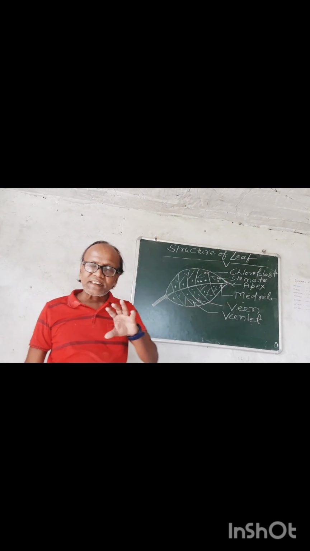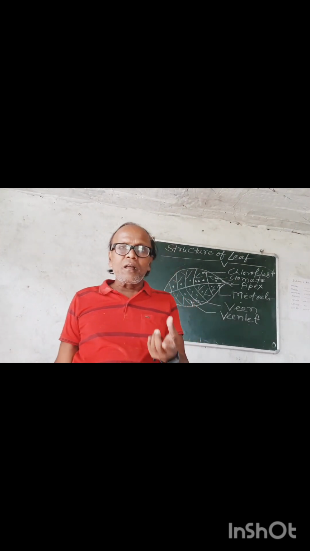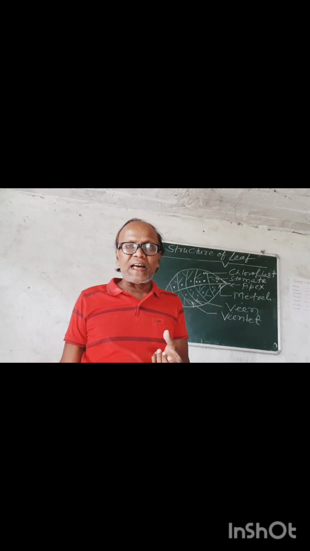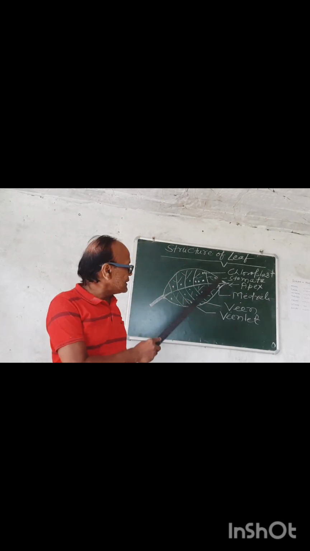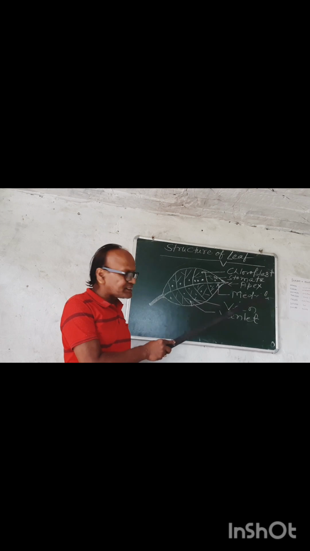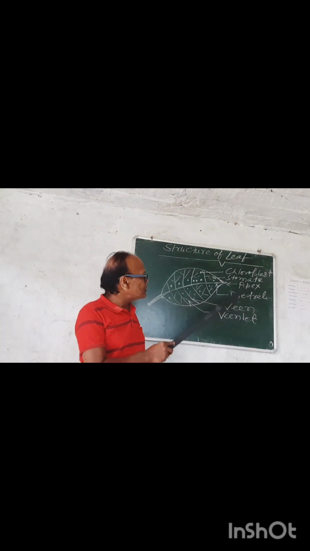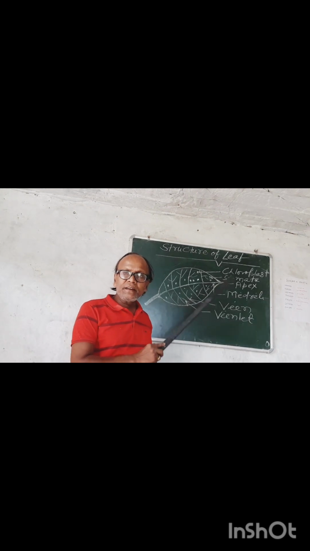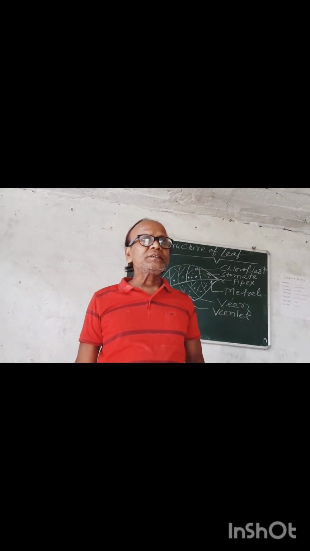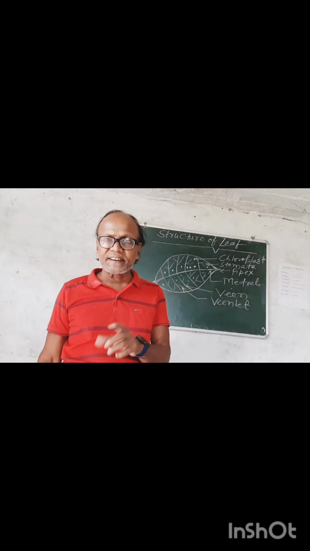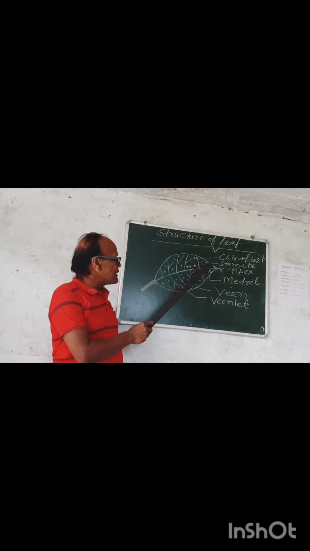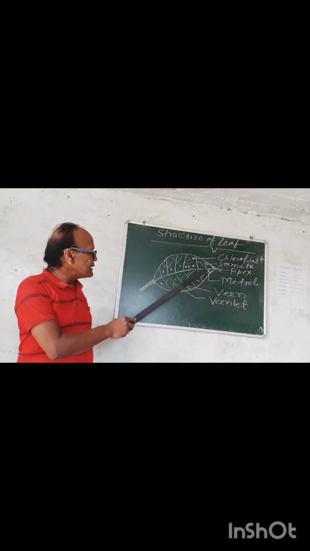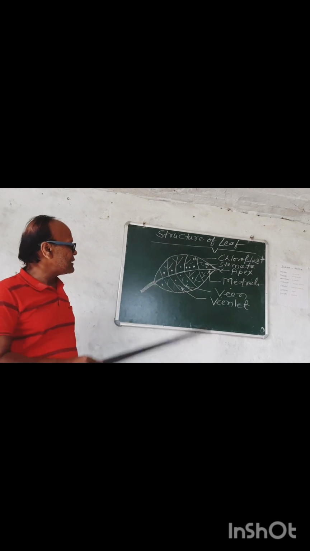When photosynthesis is completed, oxygen is produced as a byproduct in the leaf. That oxygen is released again through the stomata into the atmosphere. That is called gaseous exchange, which is conducted by the stomata.